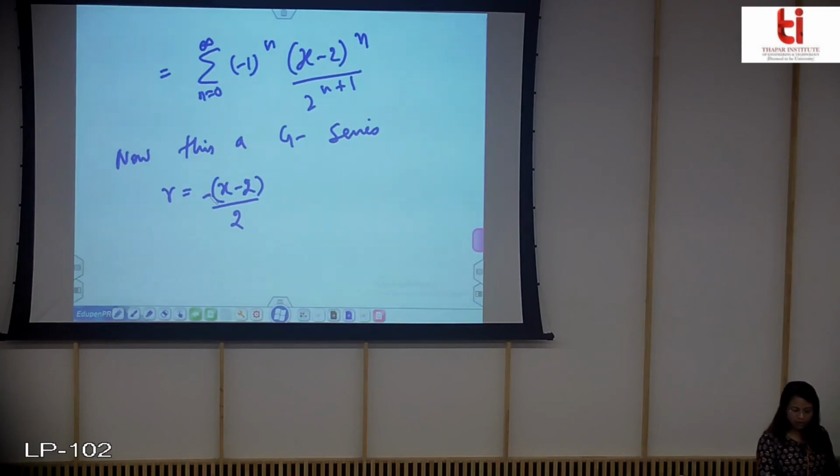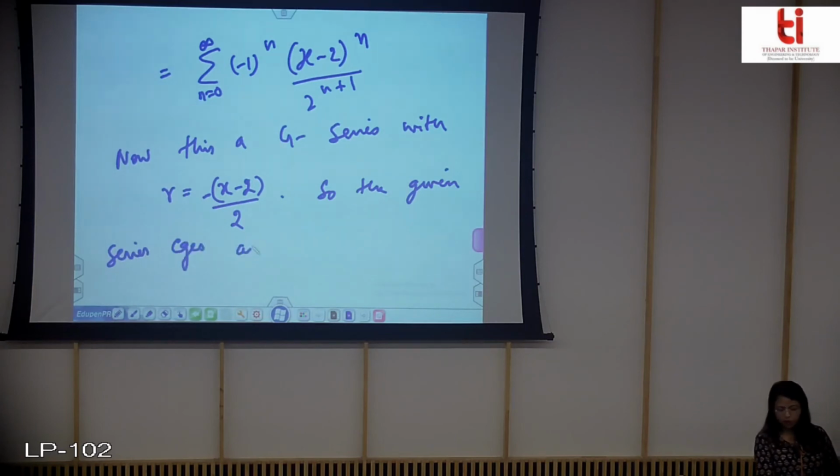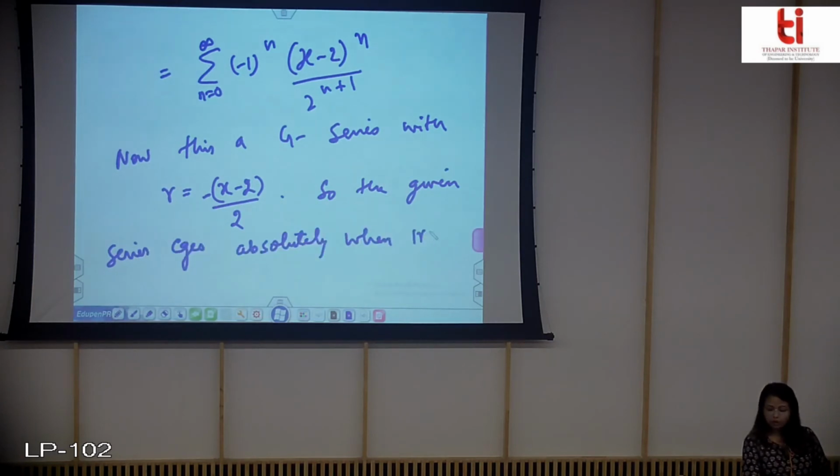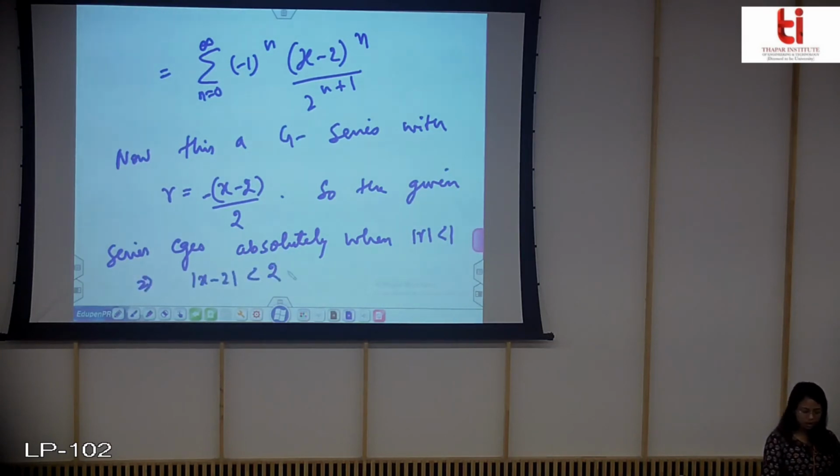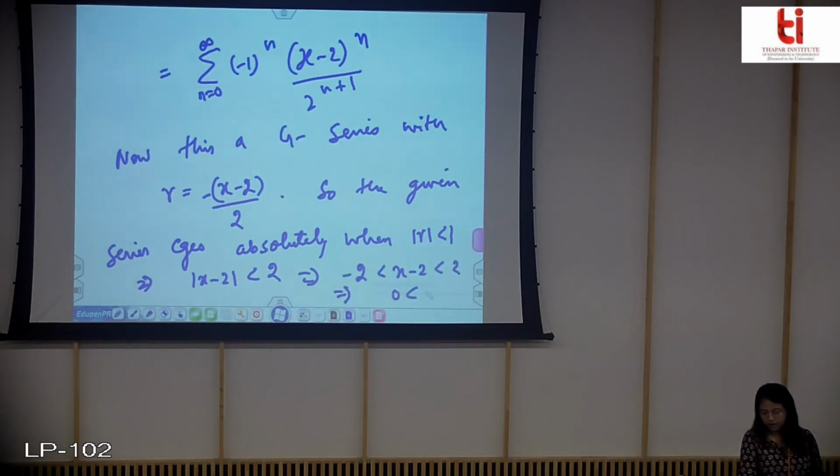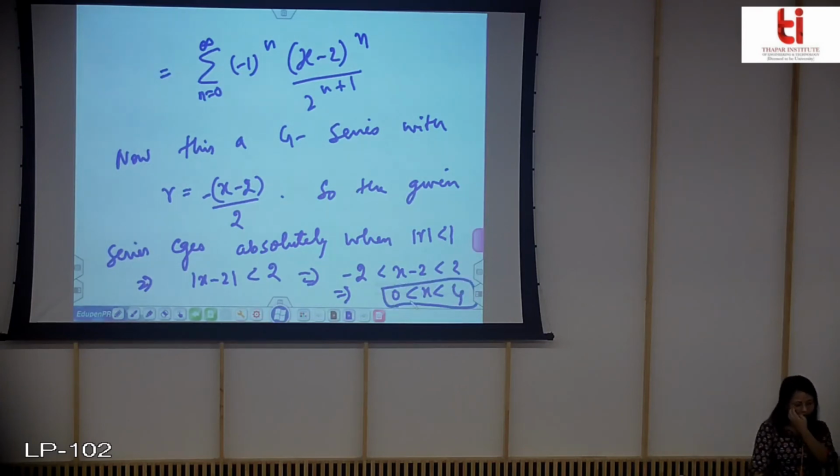You know that if mod of R is less than 1, then the geometric series will converge. So the given series converges absolutely when mod of R is less than 1. This implies that mod of x - 2 is less than 2, and this implies that whenever x is between 0 and 4, the power series converges.